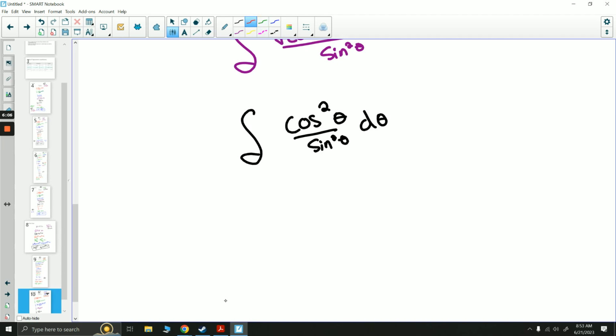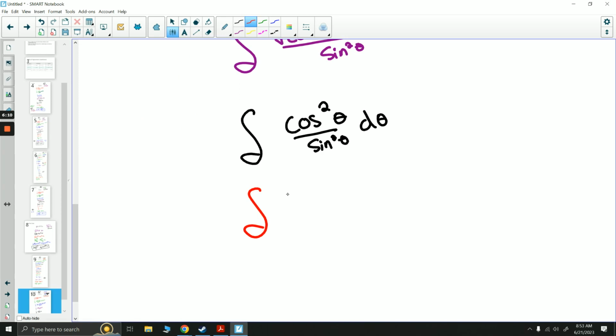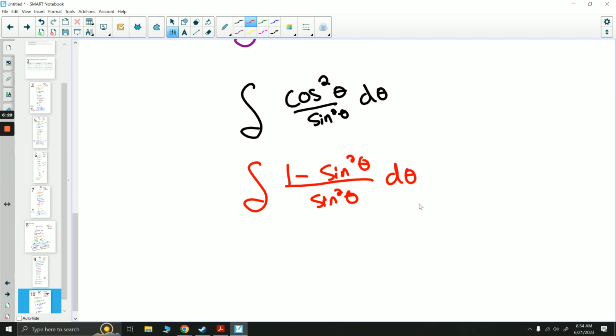So if we replace cosine squared, cosine squared is 1 minus sine squared. So I have the integral of 1 minus sine squared theta over sine squared theta d theta. Now this might be something I can work with, because I can split the top at the minus here.